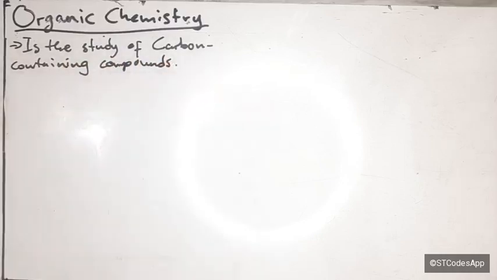Okay. It's the study of compounds that contain carbon. Simply so. Not all compounds that contain carbon are considered in organic chemistry. Most of them are part of organic chemistry, and some of them are not.